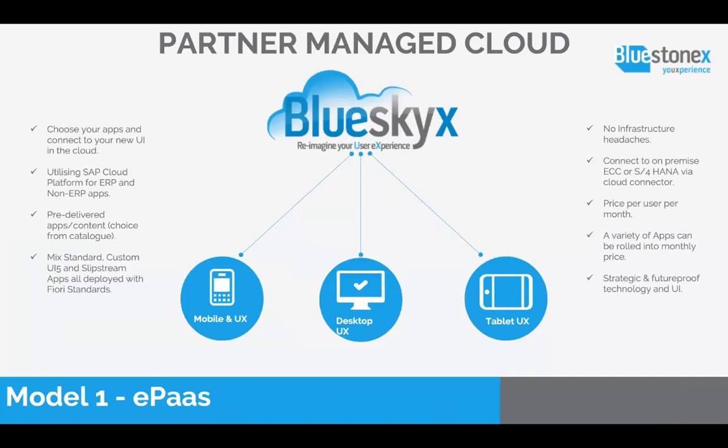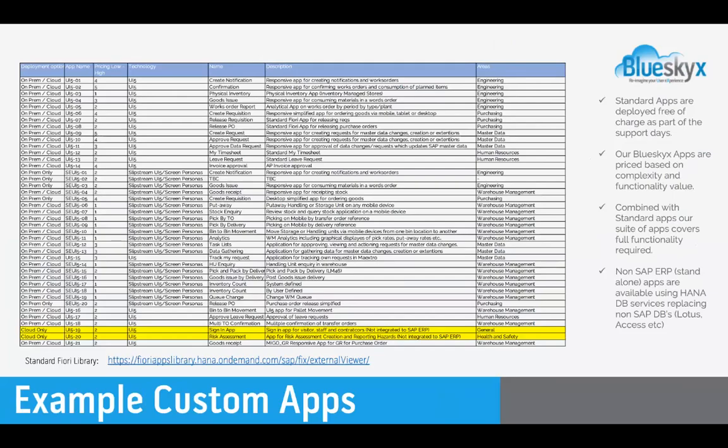But that essentially is what Partner Managed Cloud is. To give you an example, these are just some custom apps that we deliver, which is growing month on month. This is just a snapshot of these. And these apps are delivered along with standard applications, and if you have third-party applications as well, they're all delivered as part of the SAP Cloud Platform.